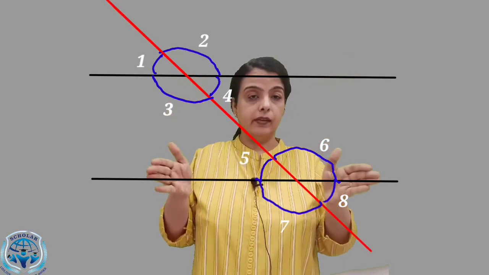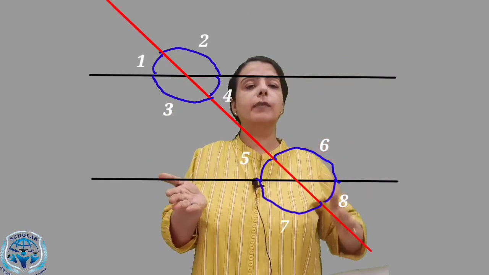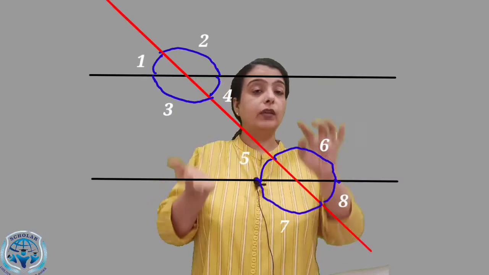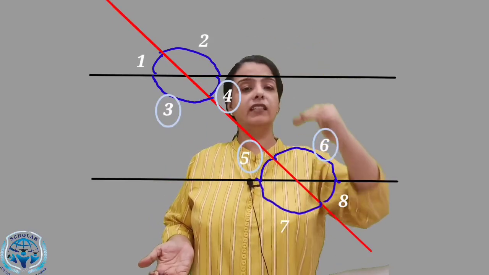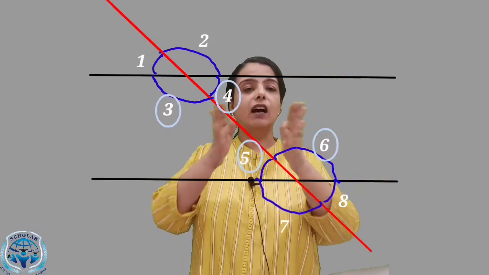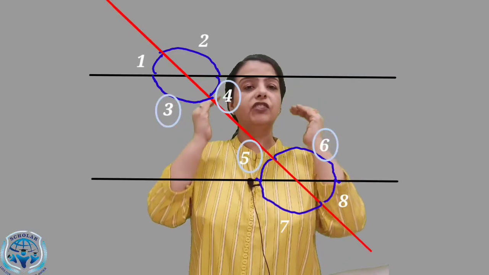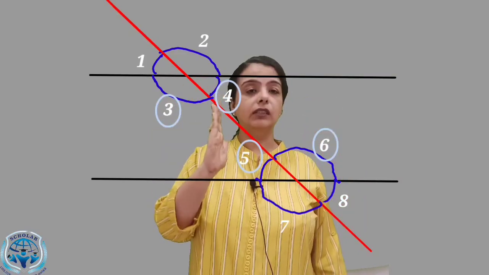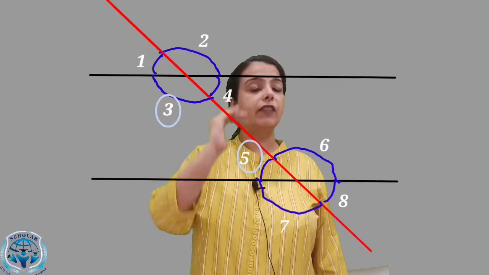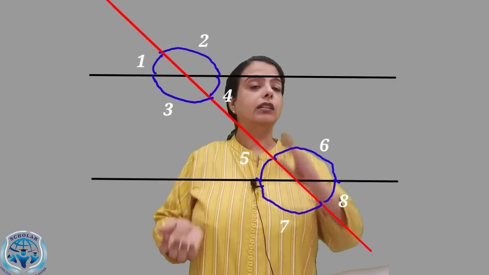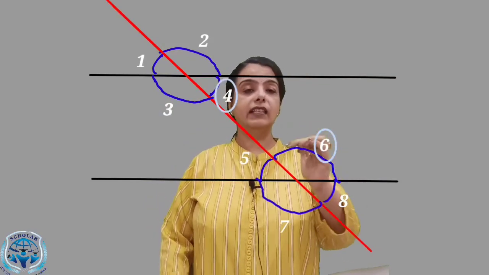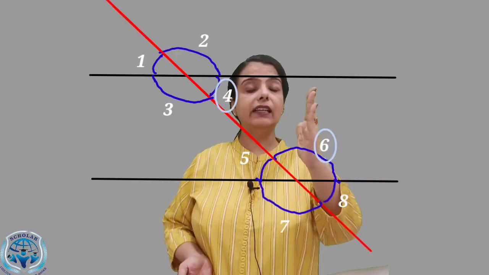Now the third fact about parallel lines and transversal. If the two lines are parallel and they are crossed by a transversal, you can see these angles 3 and 5, 4 and 6. These are four angles which are interior. On the left hand side you have 3 and 5, which are interior angles on the same side. On the right hand side you have 4 and 6, which are again interior angles.